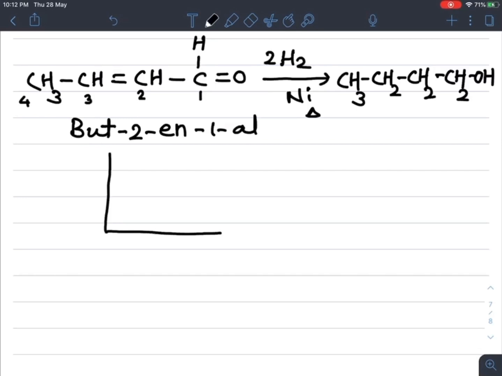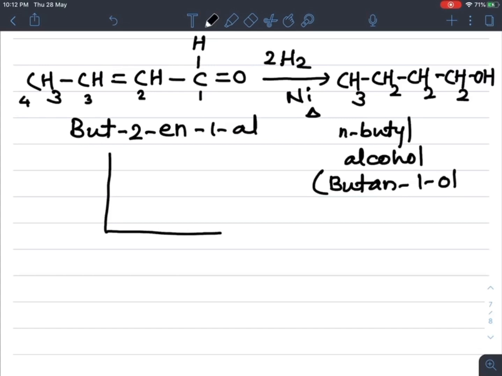What is its common name? N-butyl alcohol, or its IUPAC name is butan-1-ol. But for the same but-2-en-1-al, if we use LiAlH4, then what happens?